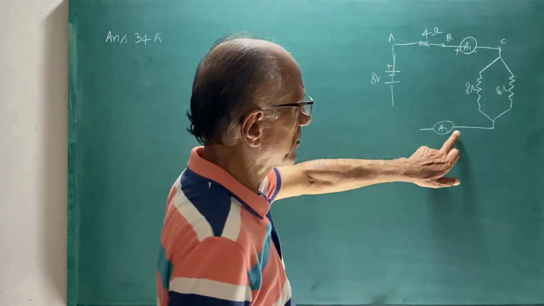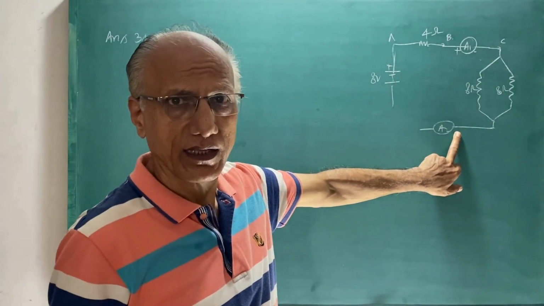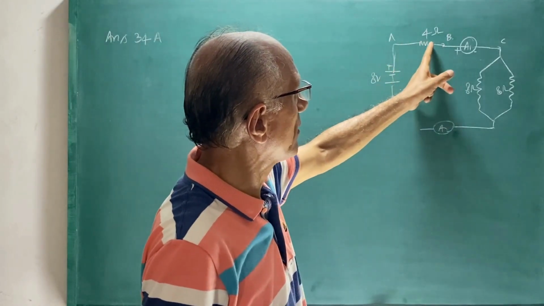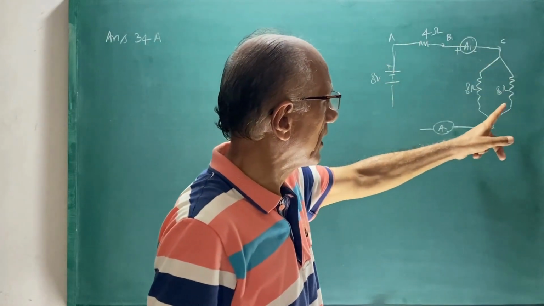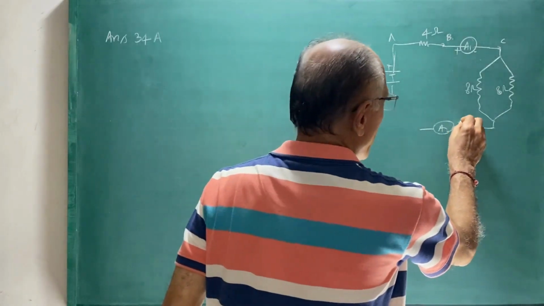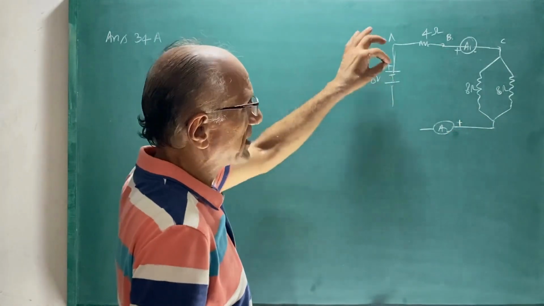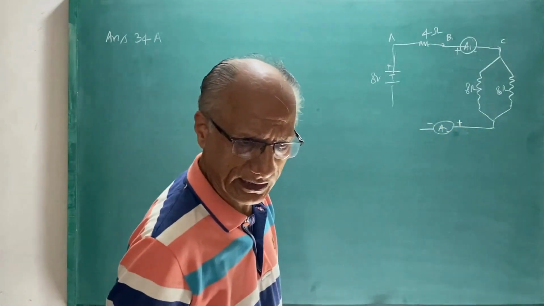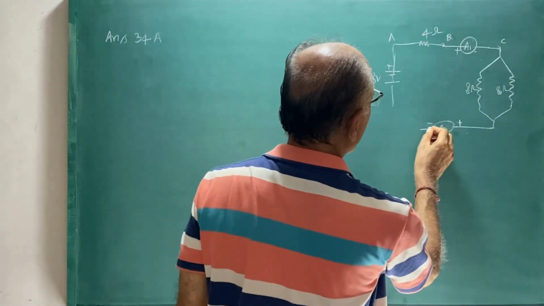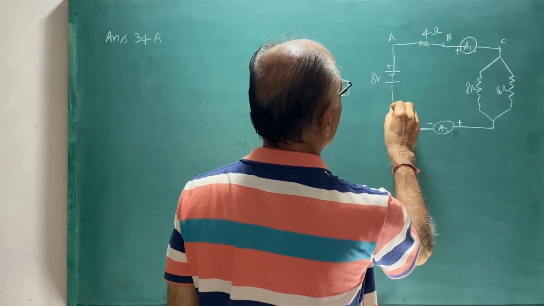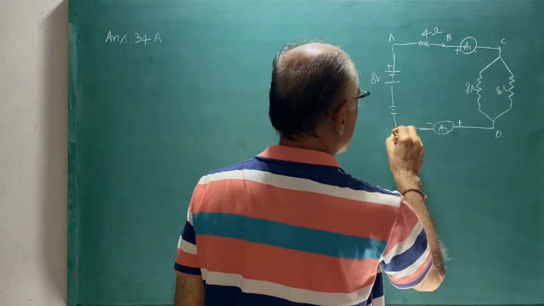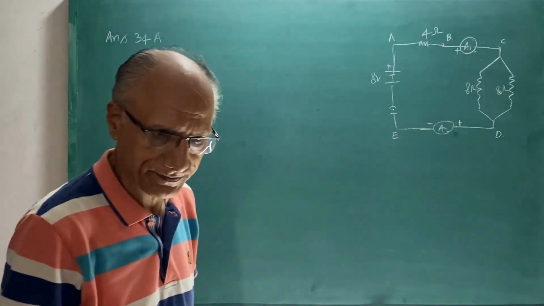So here will be which terminal? No, not negative. Just see, this is positive, correct. Then again this has to be positive. It always has to remain positive, son. So here negative, and then this will connect to this, and now here the key. So this is A, B, C, this is D, and this is the E point. Correct?